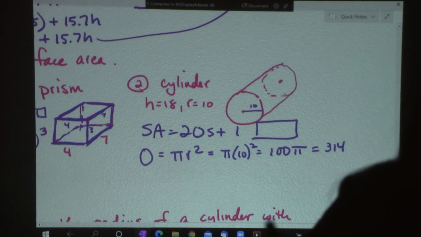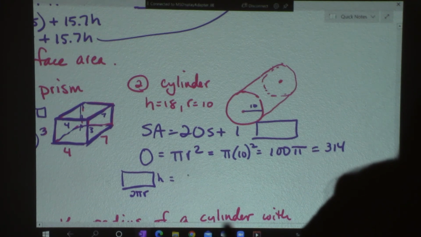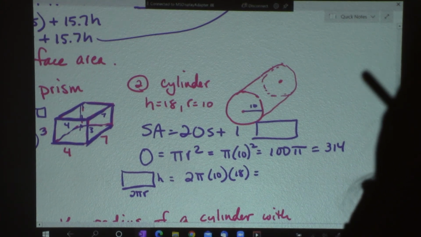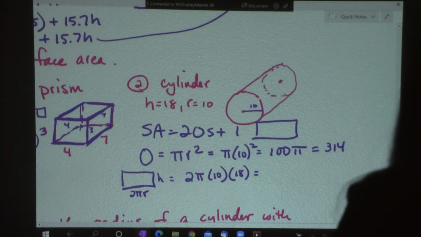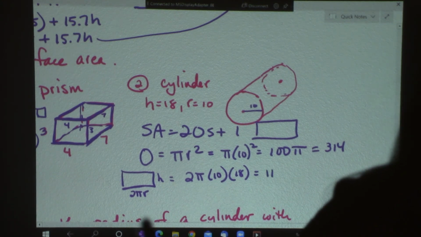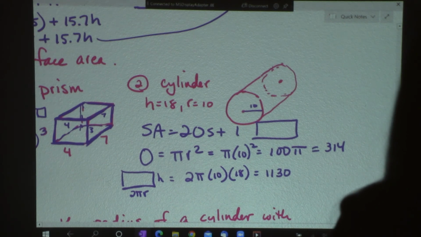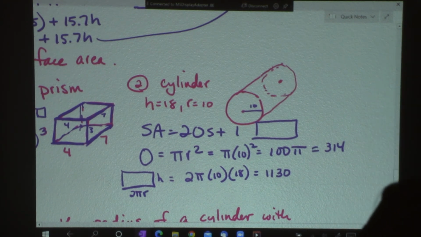Okay, now my rectangle is going to be 2 pi r times h, right? So that's going to be 2 pi times the radius, which is 10, times h, which is 18. And that works out to be 1130. Okay?